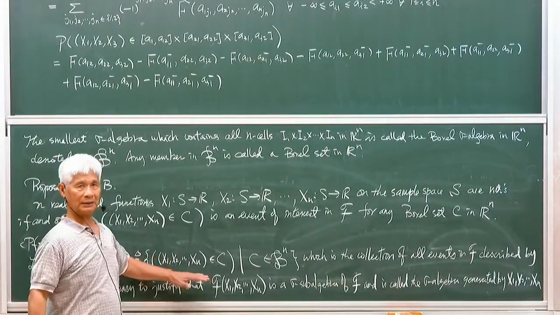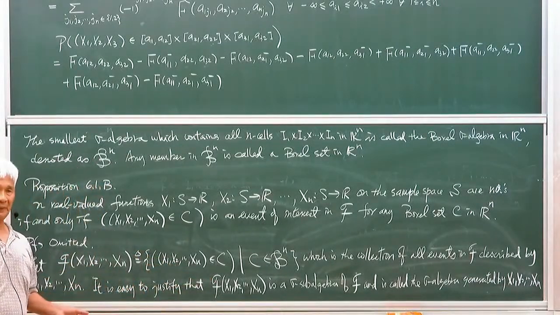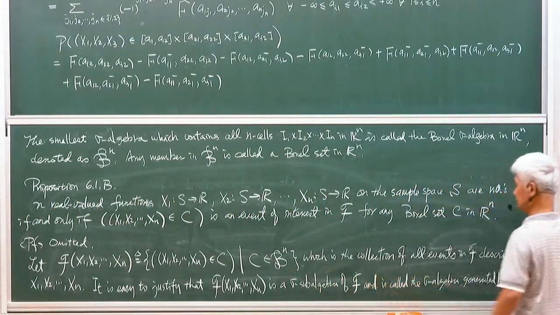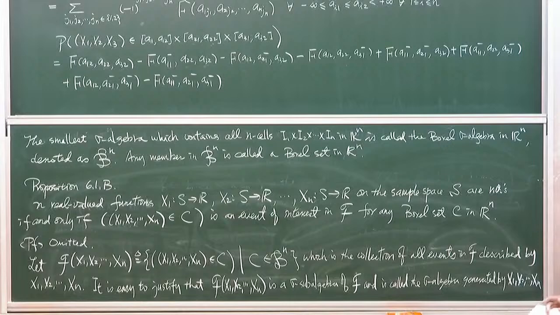And it is actually a sigma subalgebra of the sigma algebra F. The proof will be similar to the proof we did in chapter 4 for a single random variable.